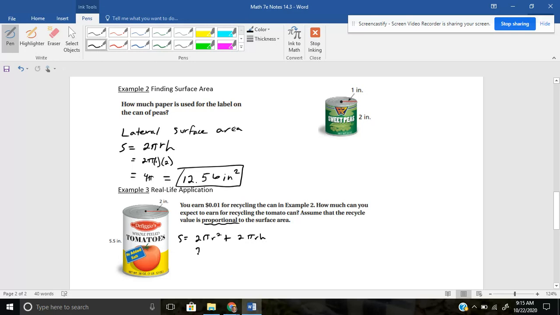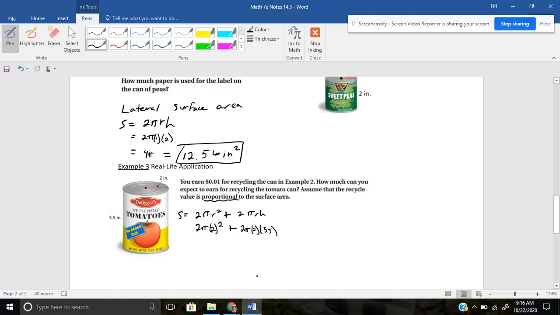Okay, so 2 times pi times my radius, which is 2, squared, plus 2 times pi times my radius, still 2, times the height of this can, which is 5.5 inches. Right? 2 squared, 2 times 2 is 4, times 2 is 8.